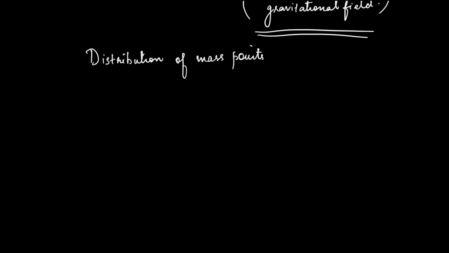Or in other words, I can say it is due to the distribution of mass energy in space-time, right? I'll say mass energy because mass can be converted into energy and vice versa. Therefore, it's due to the distribution of mass energy in the space-time. Now, if the gravitational field is determined by the geometrical properties of the space-time, then the distribution of mass energy should also follow the space-time, right?